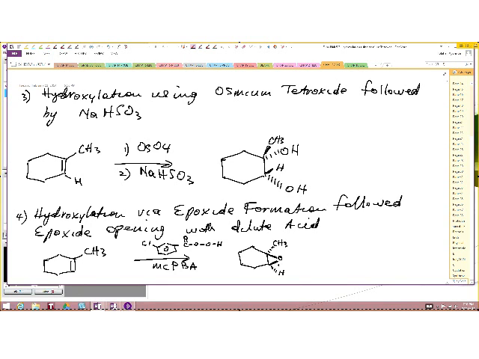Okay? Of course, you could stop the reaction right here, but if you want to make your diol, then you take the epoxide, you add dilute acid to it, then you open up the ring.